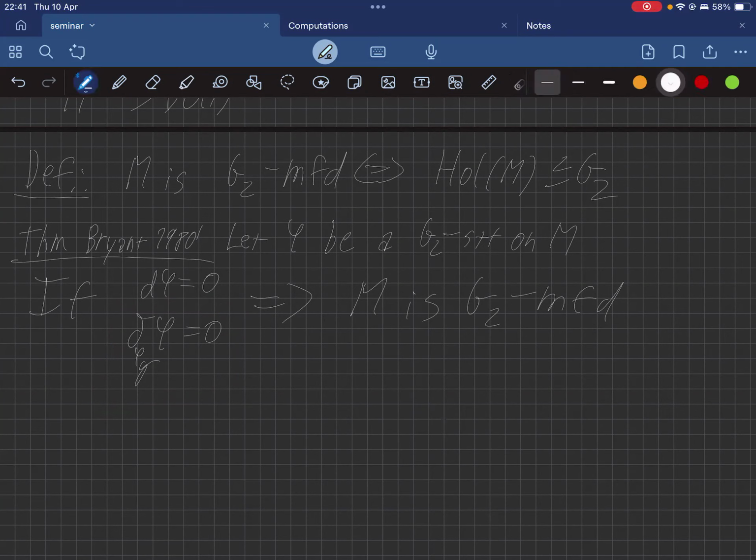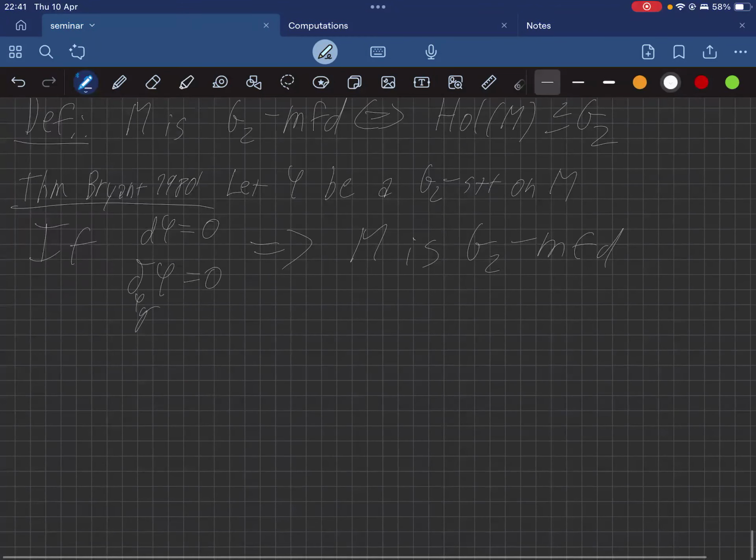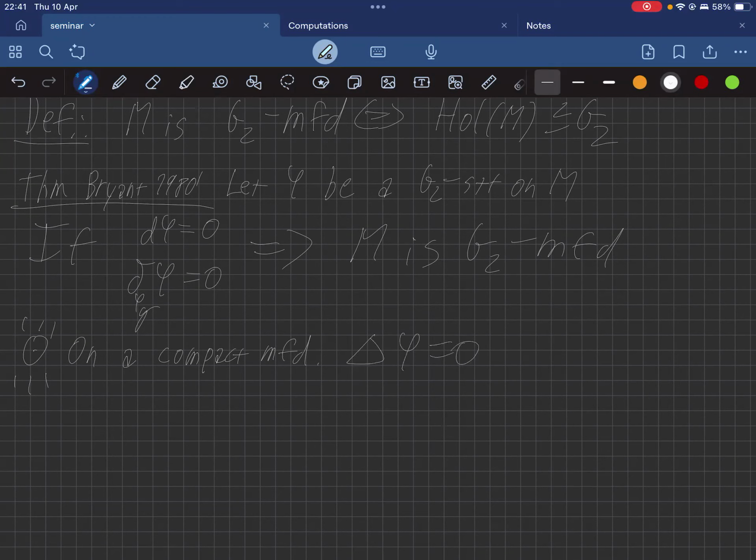All right. Now we know what we need to solve. And there's a small observation: on a compact manifold, these two conditions can be summed up by saying that the Laplacian of phi is equal to 0.